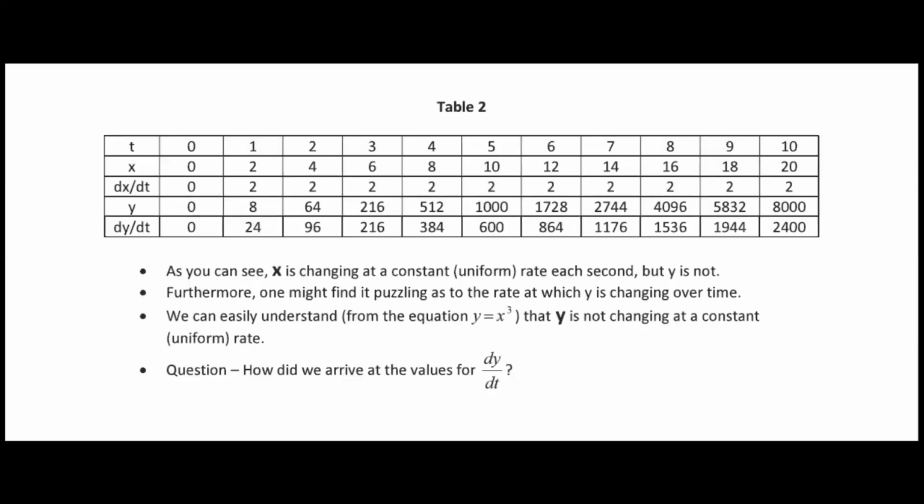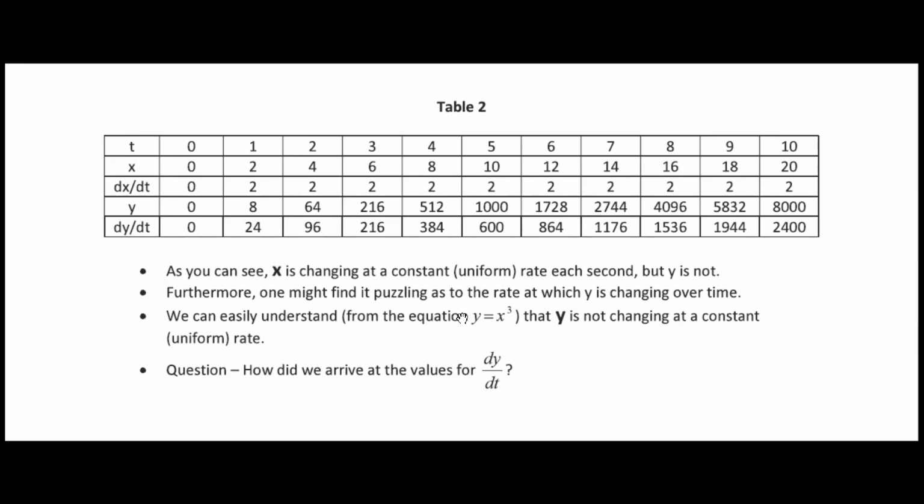Now we have table 2, excuse me. Table 2 consists of table 1 with 2 additional rows, these 2. So this is nothing more than table 1 from the last slide. Now, let's see how we get these values for y. Well, t is 1, x is 2.